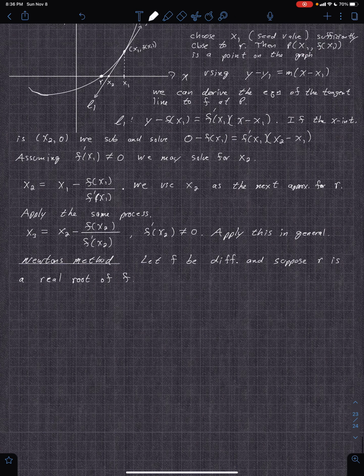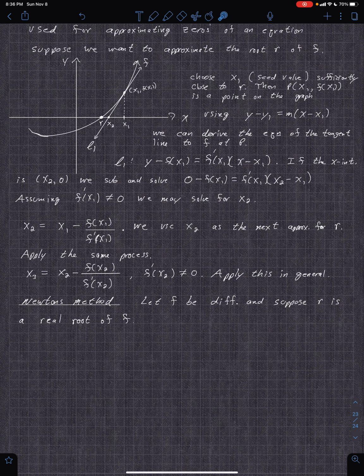So you see how just graphically it won't work for an imaginary root, right? It has to actually hit the x-axis. So if you had x squared plus 1 equals 0, then you're going to have two imaginary roots. So it doesn't work for those. You can't get that. So you have to kind of know where to look is the idea.